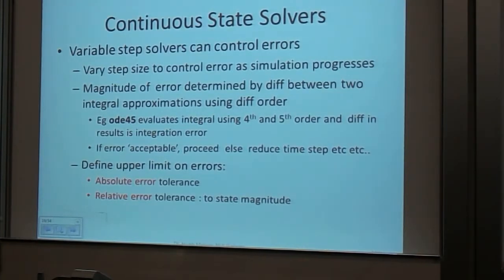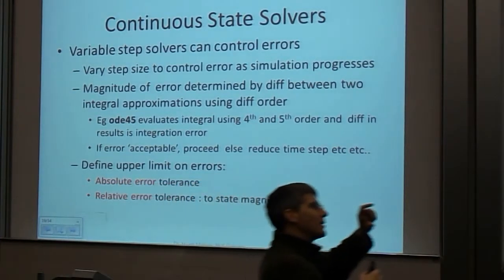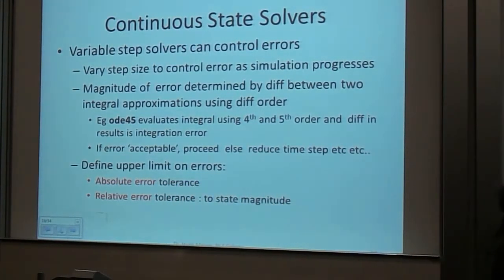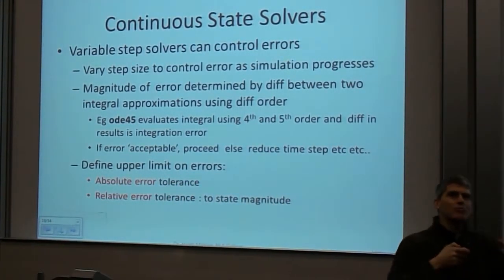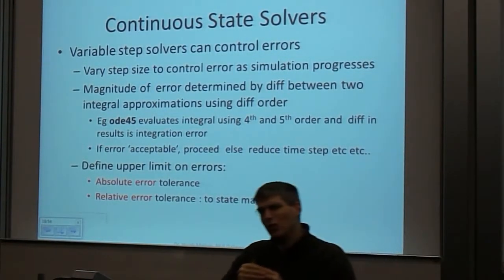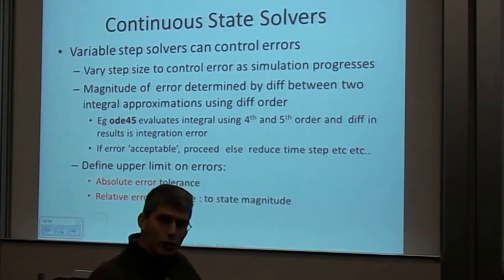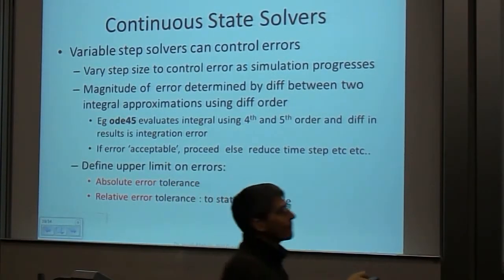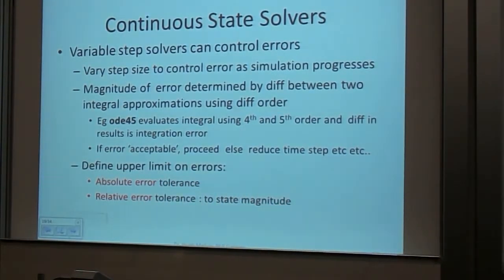I look at the magnitude of the difference between 4 and 5. Is that acceptable? If it's a very large error or difference, it says, maybe I need to go back and shorten my step size and run it again. So when you're using a continuous solver, such as ODE45, this is all going on in the background over that timeline of 10 execution units.